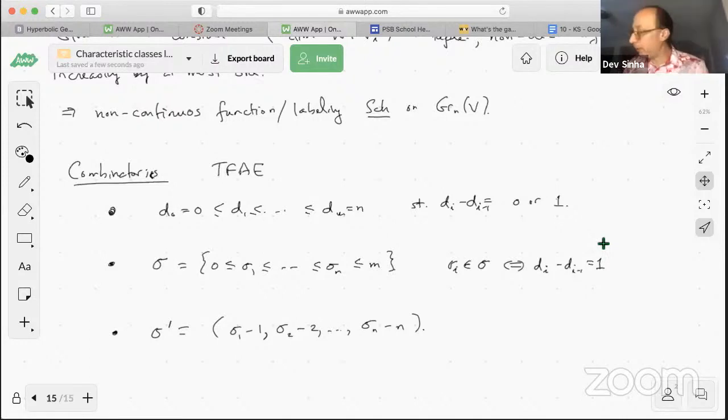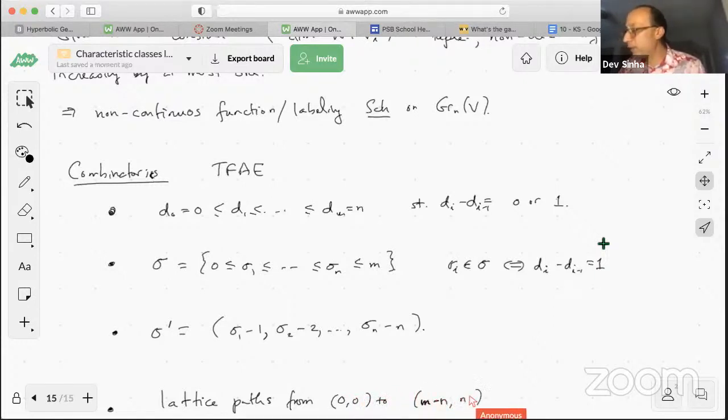The other fun thing, and this is my favorite, is to consider lattice paths, again non-decreasing, so to speak, lattice paths from the origin to the point in the plane (m minus n, n).